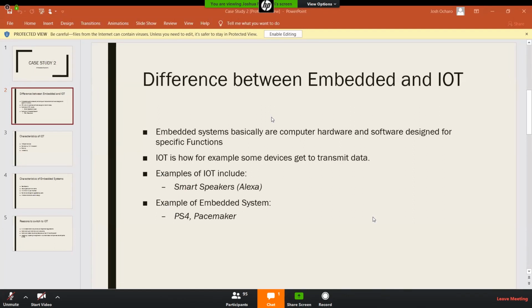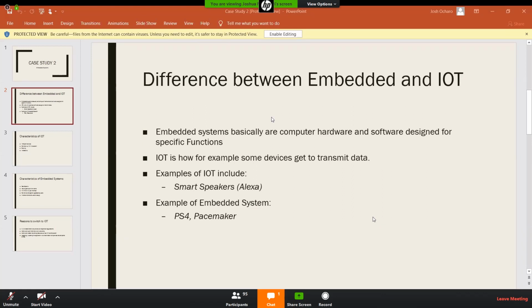With the first question, demonstrate the difference between embedded system and IoT using a real life example. First, the definitions. Embedded systems are computer hardware and software that are embedded into everyday things. They're dedicated to a particular function and are difficult to update once they're shipped.